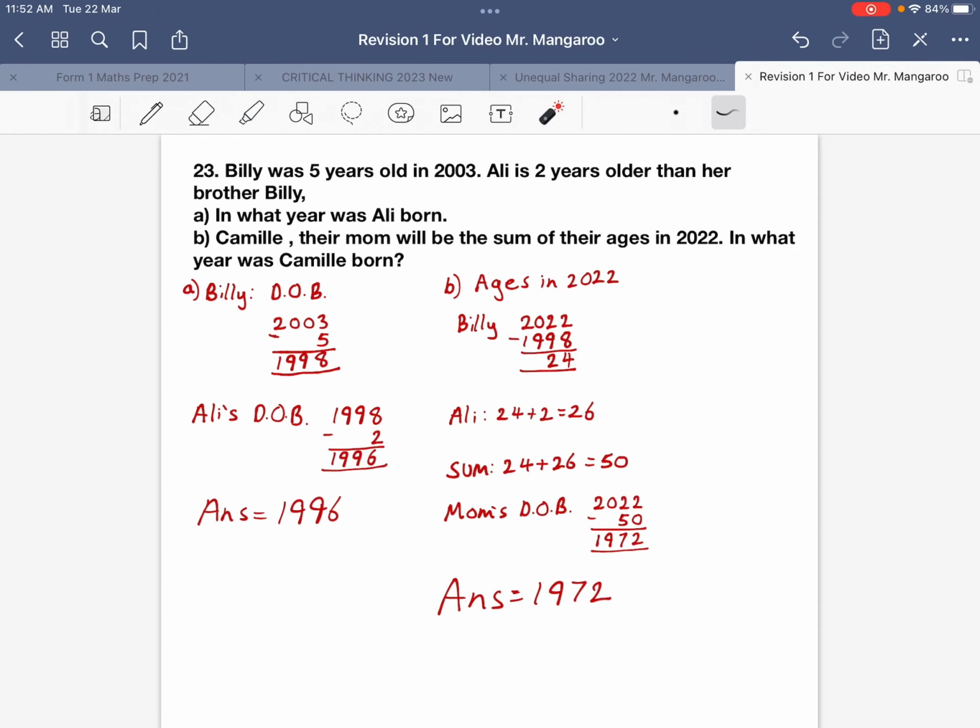Next, Camille, their mom, will be the sum of their ages in 2022. In what year was Camille born? Alright, so let's find Billy and Ali's age in 2022 and add it together, and that will give us their mom's age, and then we can find their mom's date of birth.